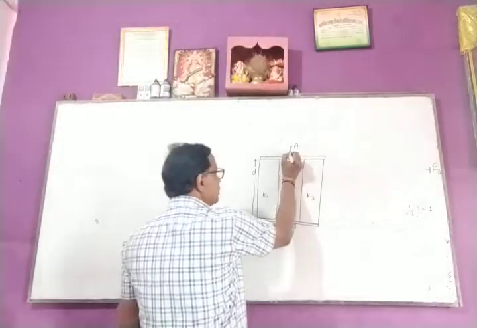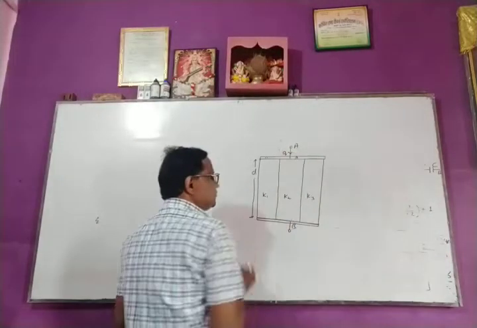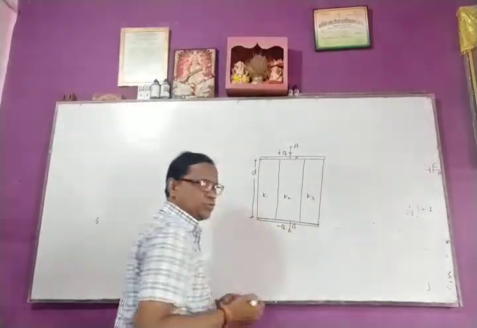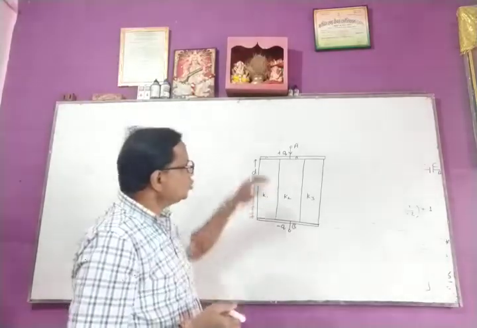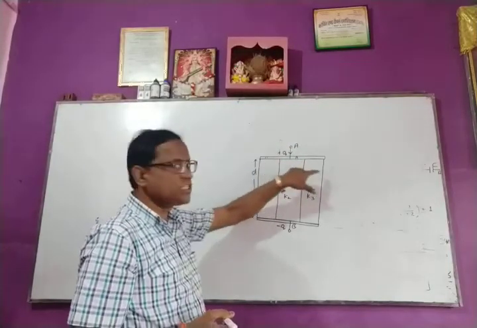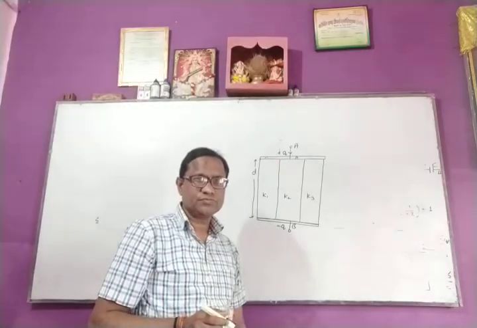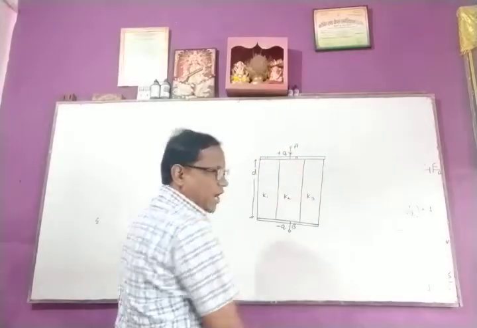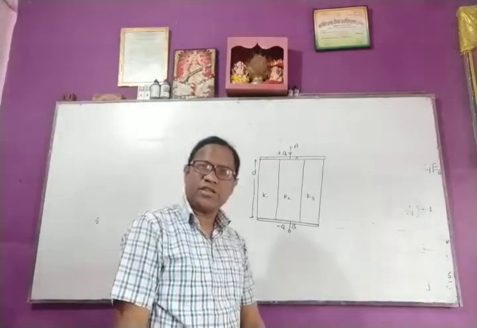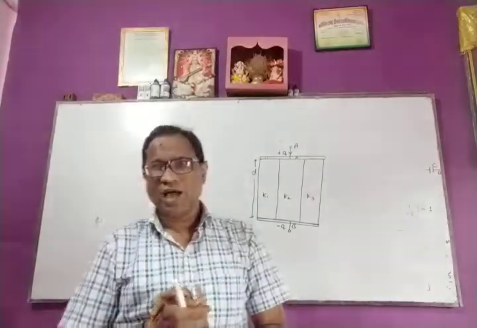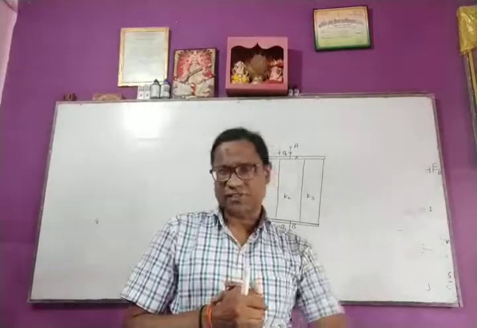So just charge enters, plus Q and minus Q. So charge is divided in these three parts. Charge is divided in three parts. So these three parts are in parallel connection.